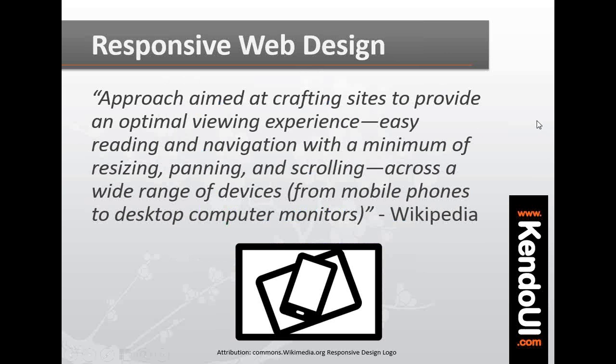That's the key important thing here. You are making an approach in order to create a site which provides an optimal viewing experience, meaning I need easy reading, I need easy navigation with a minimum of resizing, panning, and scrolling across a wide range of devices. When we say wide range of devices, it's basically desktop, mobile, tablet.